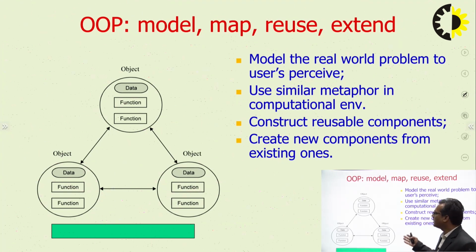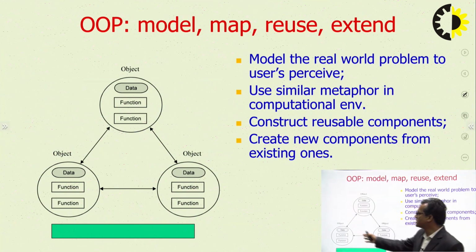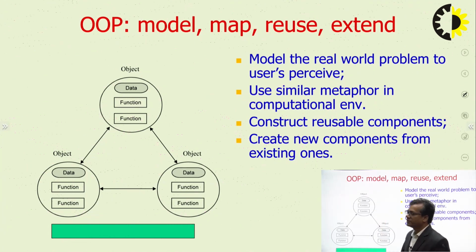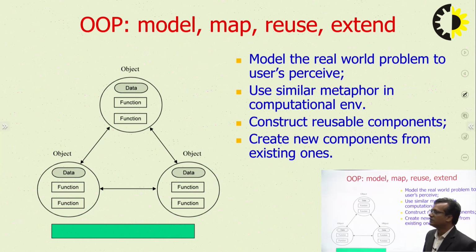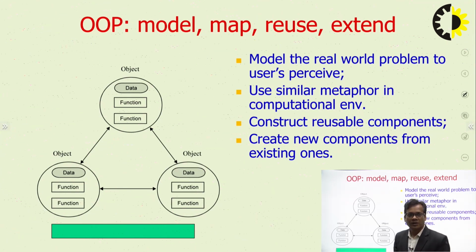Here different objects are shown, the objects are related to each other, and every object contains data and functions. So this is the model of problem solving using object oriented programming.